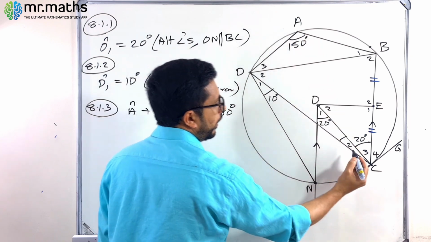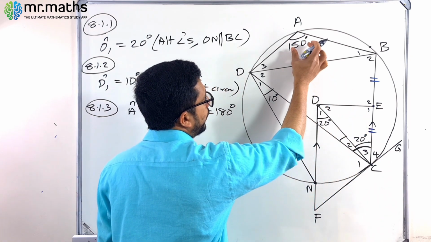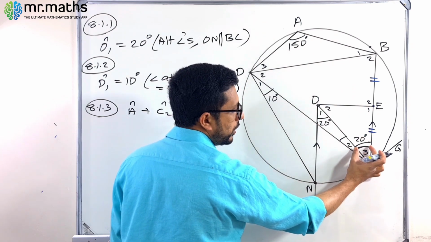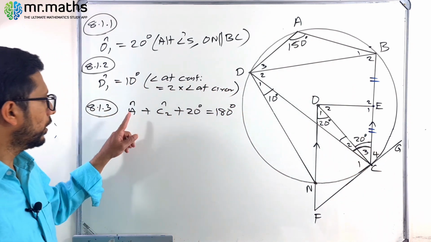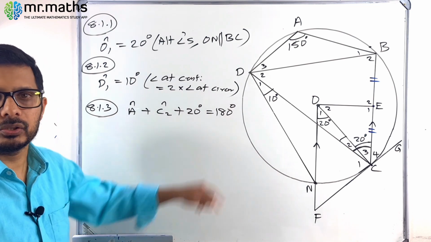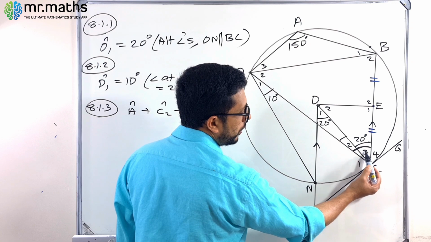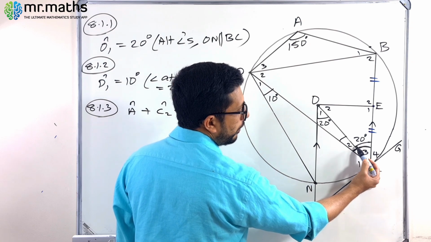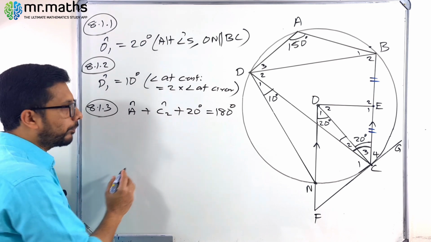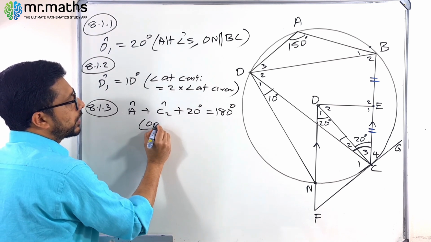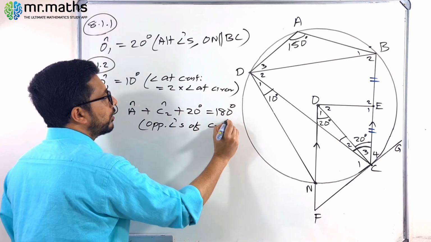This angle A and this total angle, when you add C2 and C3, you are supposed to get 180 degrees. That is, A plus C2 plus 20 is equal to 180, because this C3 is given in the question as 20. That is why here we wrote 20. So what is the reason? Opposite angles of a cyclic quadrilateral.